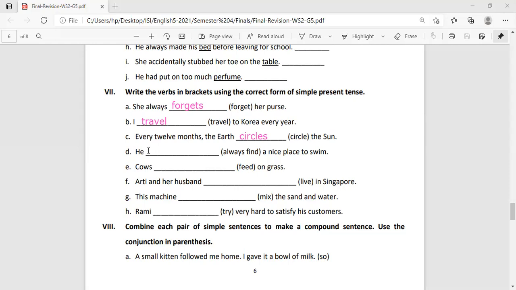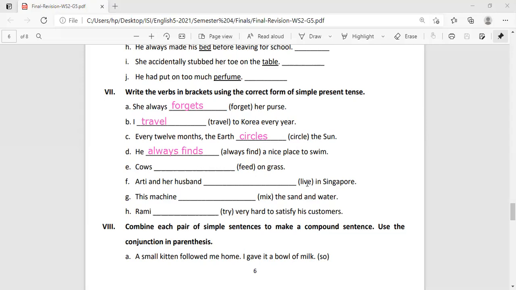I look at the verb and I look at the subject. He is a singular subject or a plural subject? Singular. So what should I do here? I should add S to the verb, and the verb is find. So we say he always finds. Excellent. Thank you.